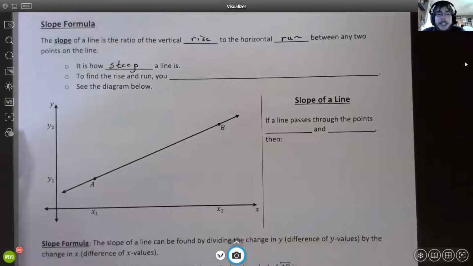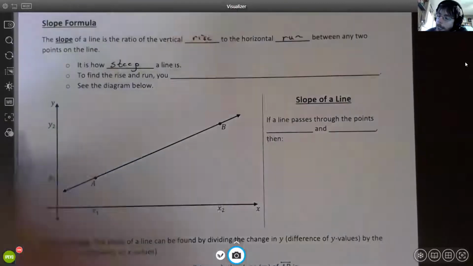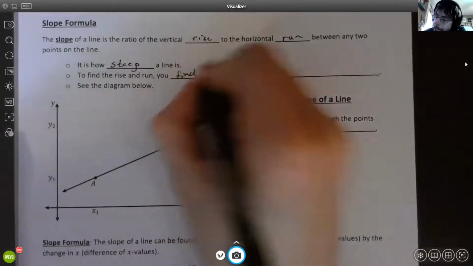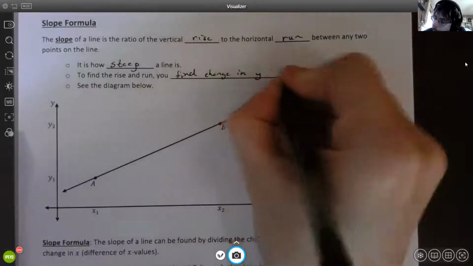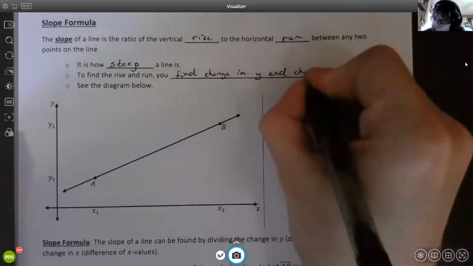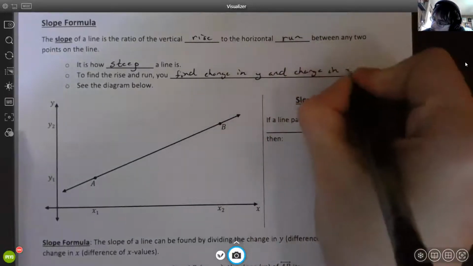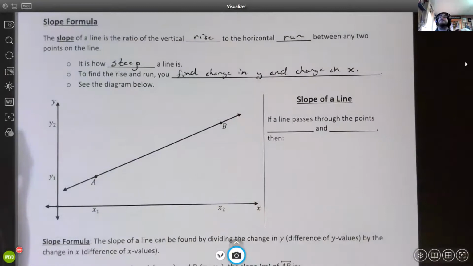So to find the rise and the run, you need to find the change in Y and the change in X. So when you do it using the points themselves, you subtract them because that's the change, right?